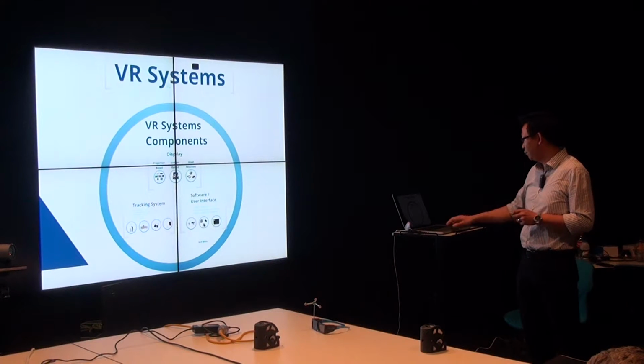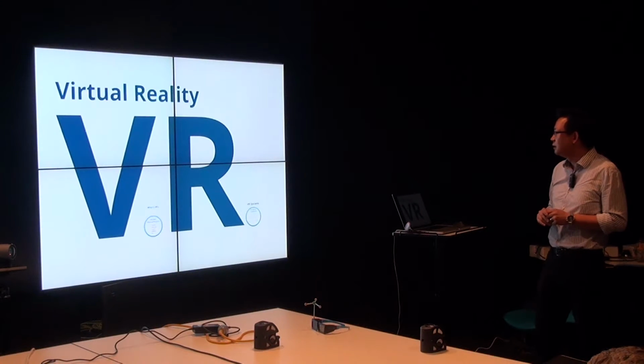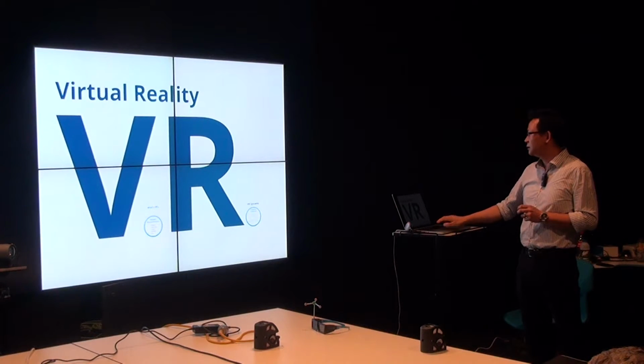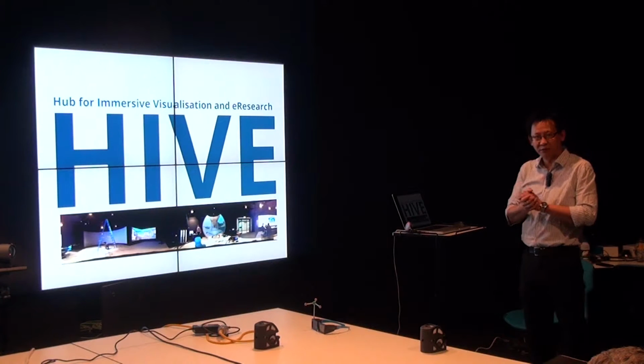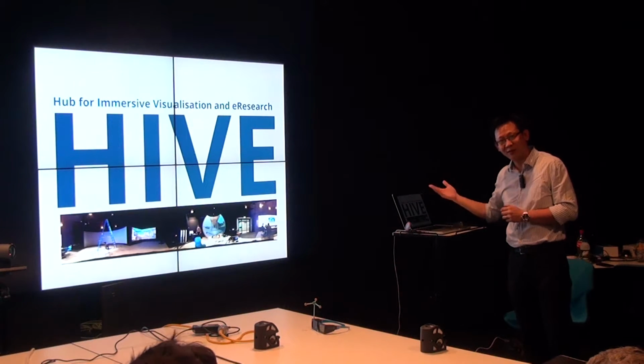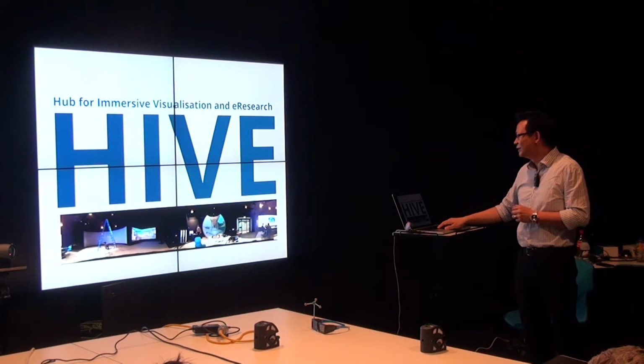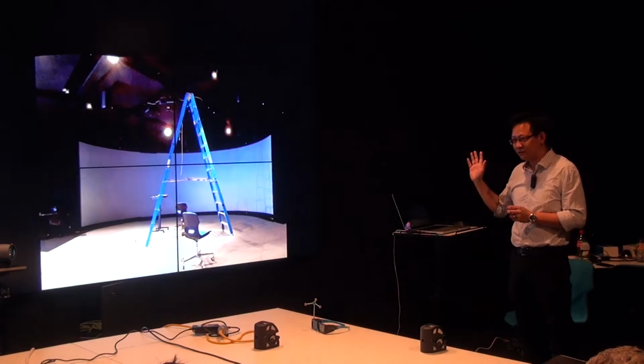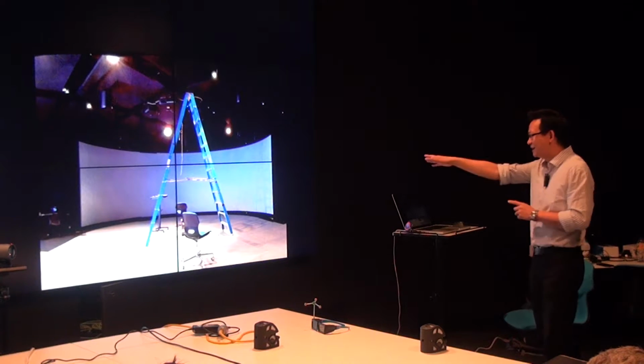So let's talk about the VR system we have here. It's the HIVE, right? Great. That's the image I talked about a couple of days ago. That's what we have.